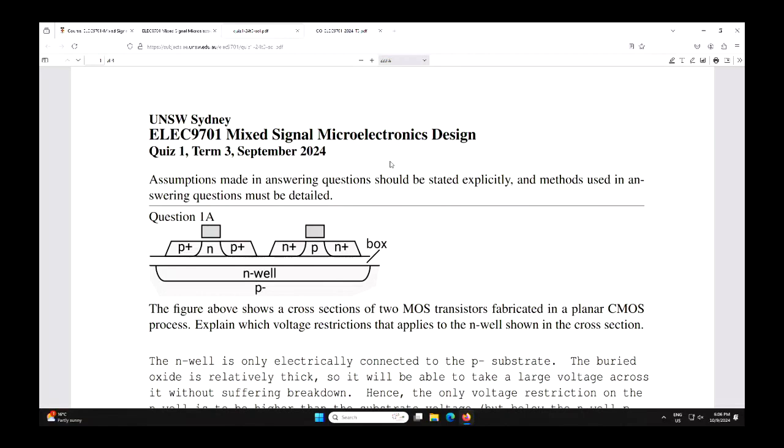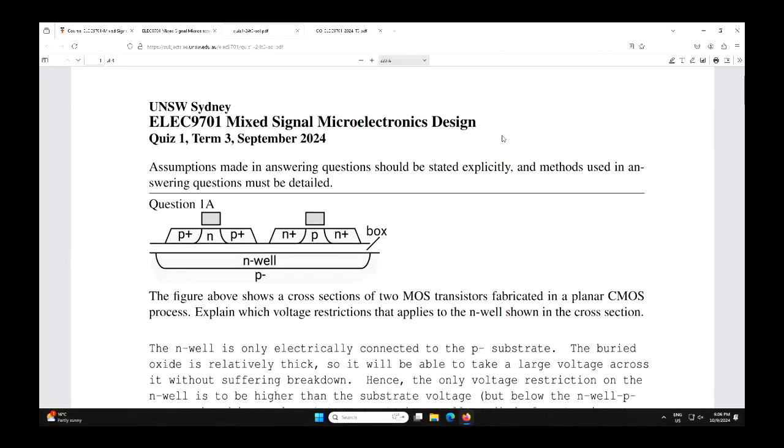I think the average was about 65 for the quiz, which is probably around common for this course. So let's have a look at what's in here.